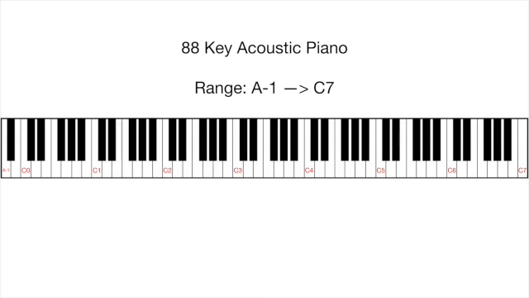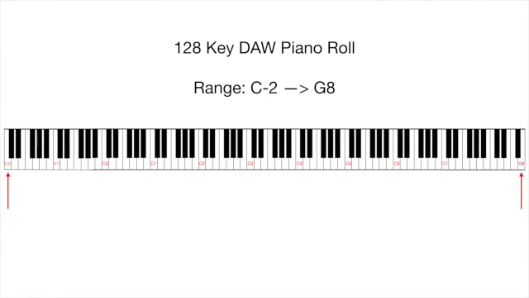So the range of our acoustic piano starts at A-1 and goes 7 octaves up to C7. Now, let's compare that to the 128 key piano roll that we find in most DAWs. This actually goes from C-2 all the way up to G8.